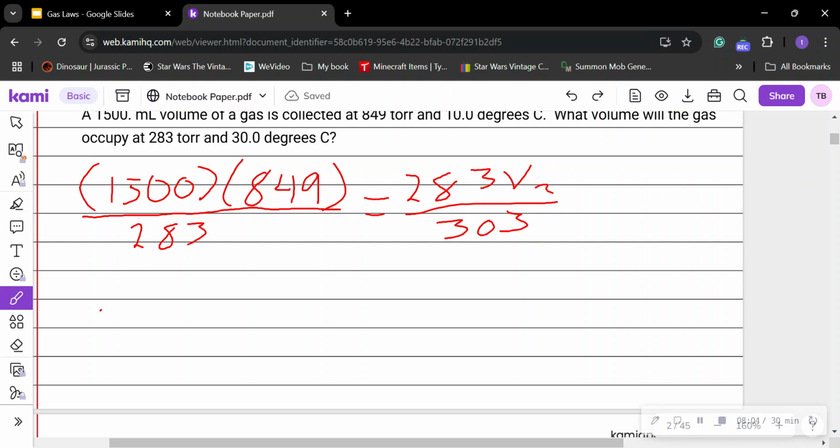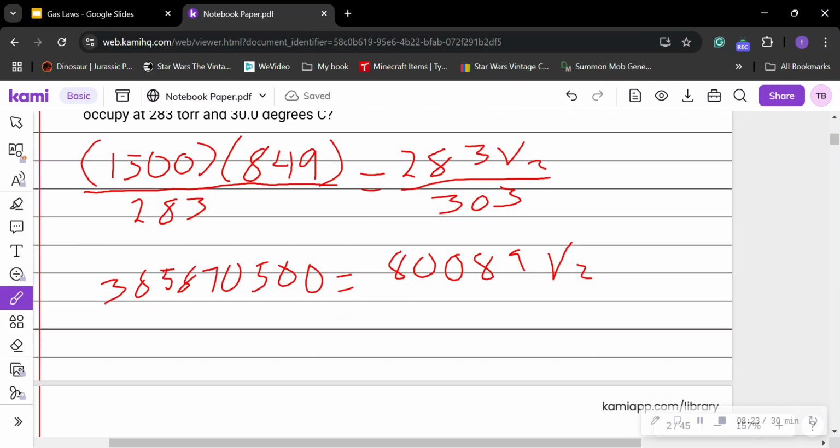Sorry, we get, this is a big number, equals 80,089 V2. And when we divide both sides by 80,089, we get 4,820 milliliters.